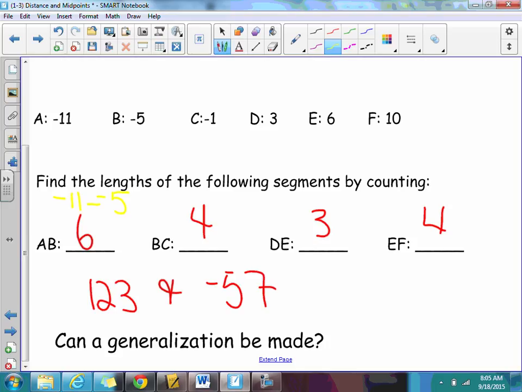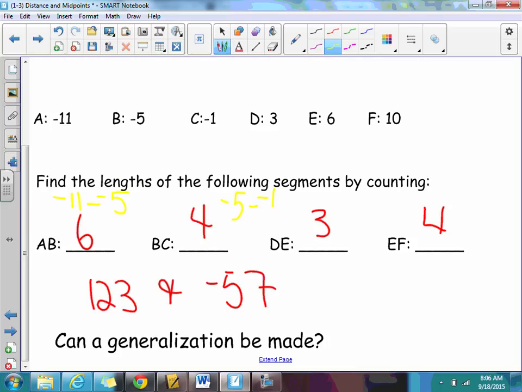Very good. If we continue along that trend with subtracting, this was the coordinate for A, this was the coordinate for B. We subtracted them, we got negative 6, which is close, right? Just the wrong sign. Over here, if we do B to C, we have negative 5 minus negative 1, which when I subtract them gets me negative 4, so it's just the wrong sign.